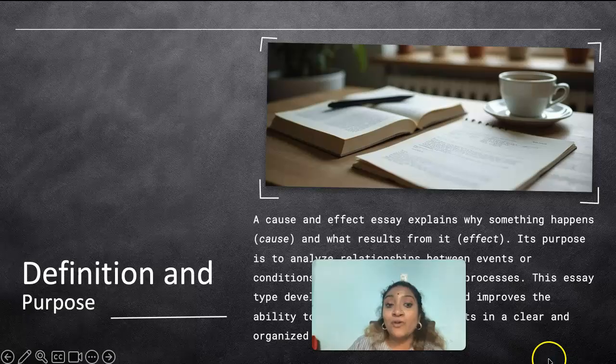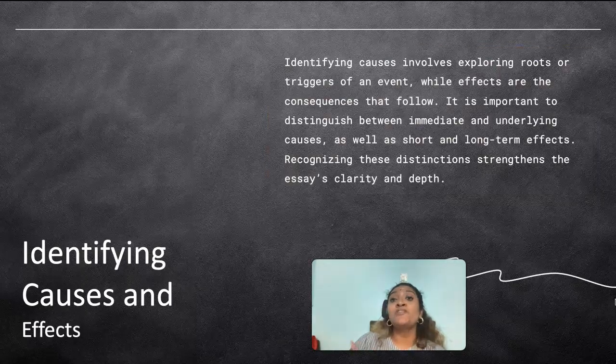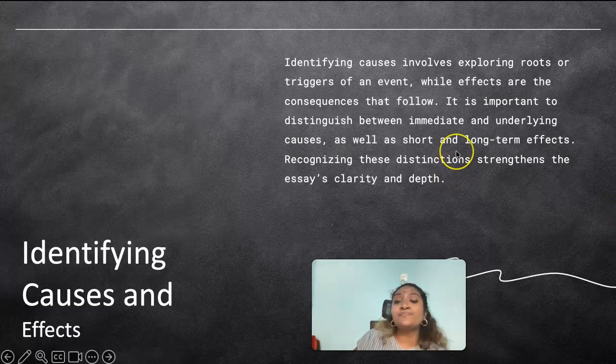So that is one example. This essay will develop your analytical skill and will help you to present your arguments in a logical manner. When we are writing this, you need to be able to distinguish between immediate and underlying causes. Immediate adalah sebab yang paling dekat, that means very quick, while underlying is a major cause.